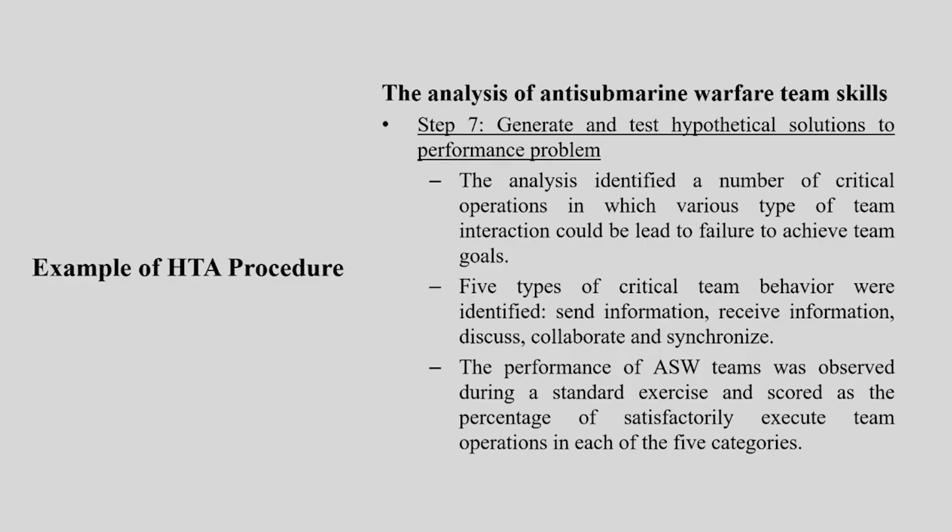The analysis identified a number of critical operations in which various types of team interaction could be related to failure to achieve this team goal. So there are possibilities that these interactions may create problems and the whole performance, the rescue operation, may fail. So five types of critical team behavior were identified. First was sending information from one source to another.